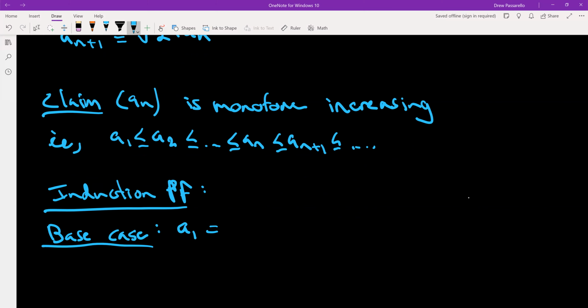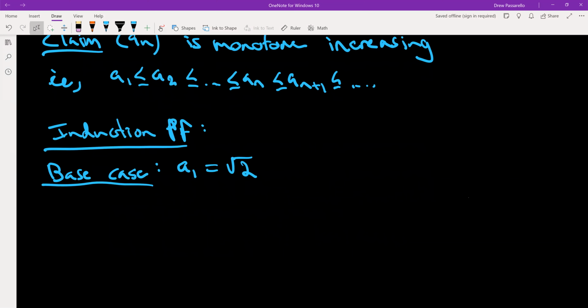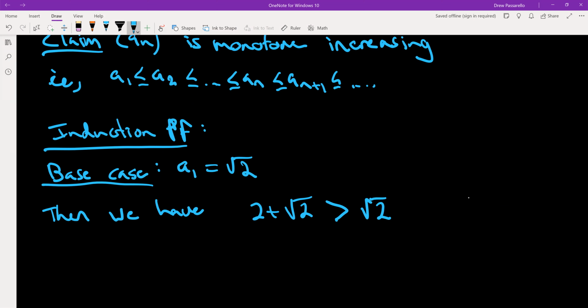So our first value, a1, is equal to the square root of 2. So if we add 2, then 2 plus the square root of 2 is greater than the square root of 2.